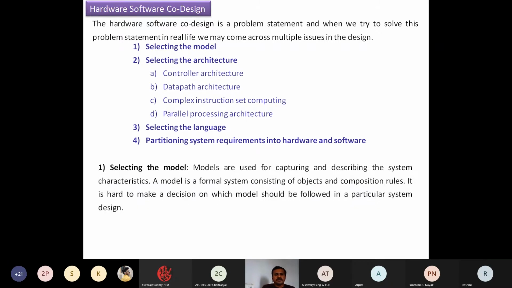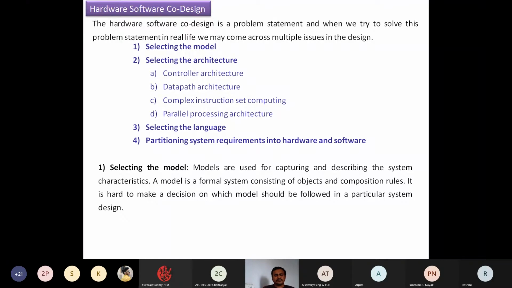So what is this selecting the model? Models are used for capturing and describing the system characteristics. So we are going to model the complete embedded system, the hardware or the software, for capturing and describing the characteristics. So a model is a formal system consisting of objects and composition rules.